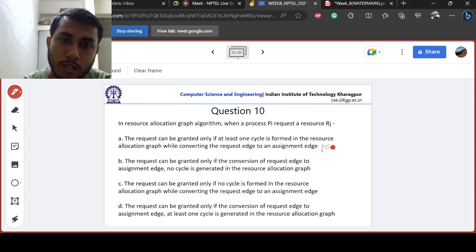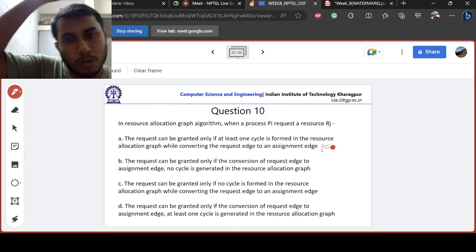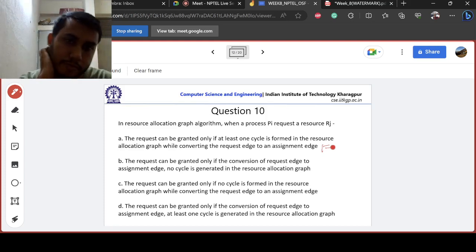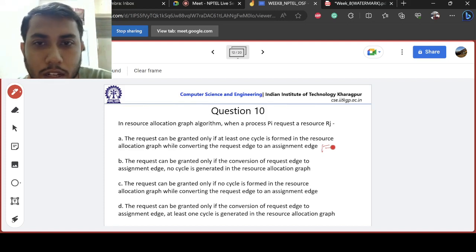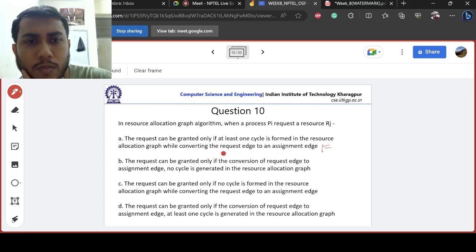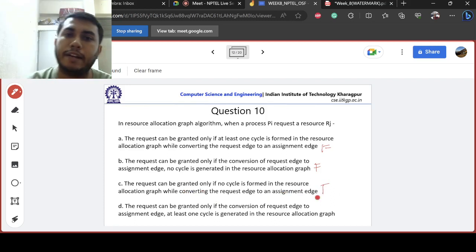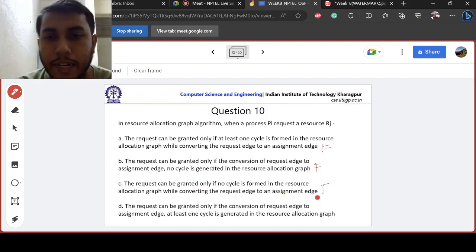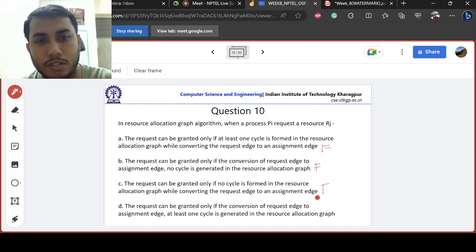This one is true. The request can be granted only if the conversion of request edge to assignment edge generates at least one cycle. False, because no cycle is required.